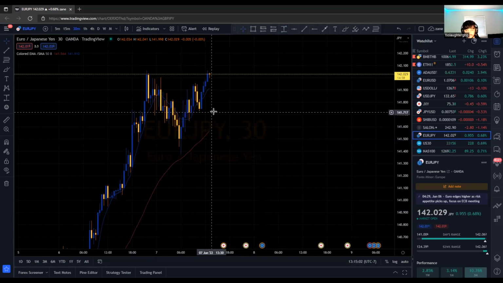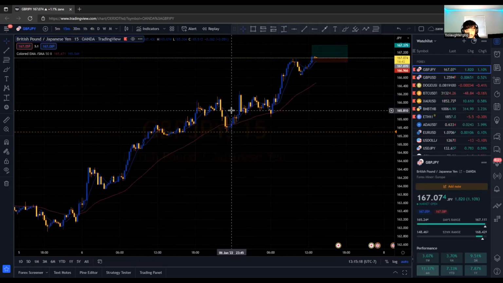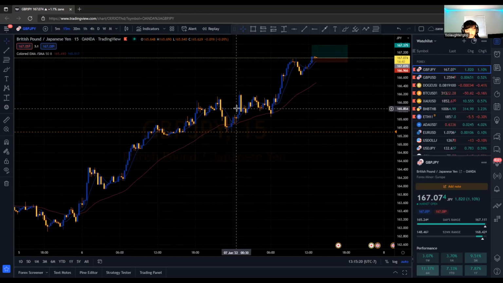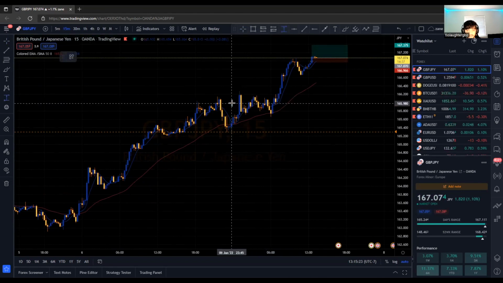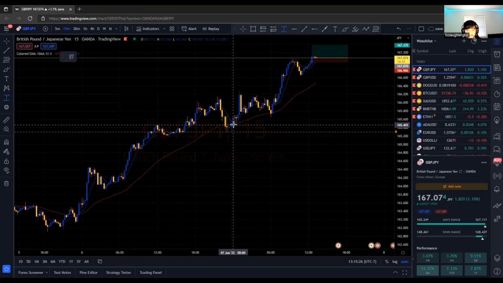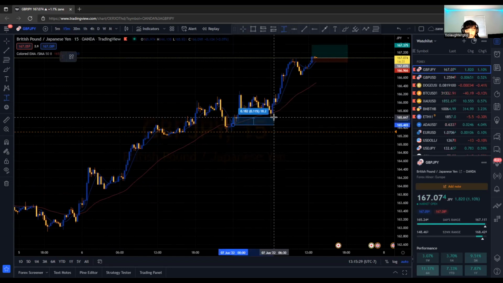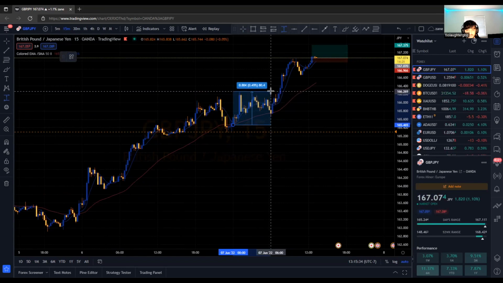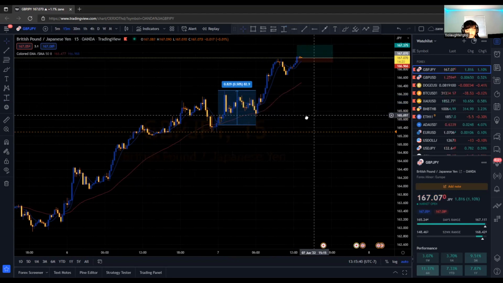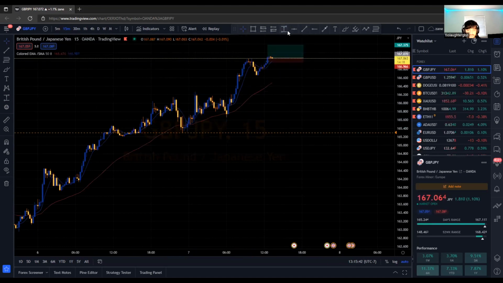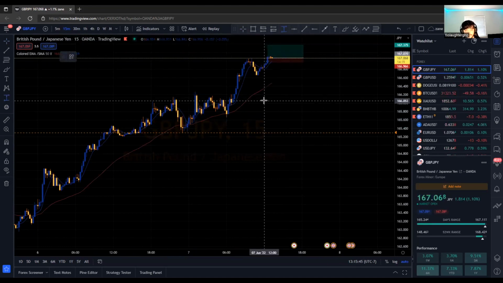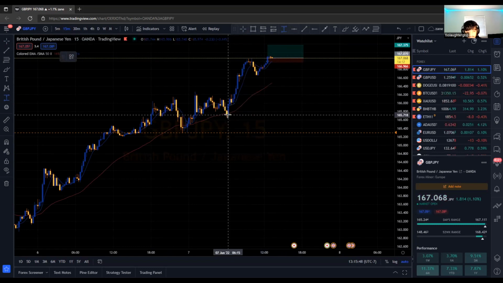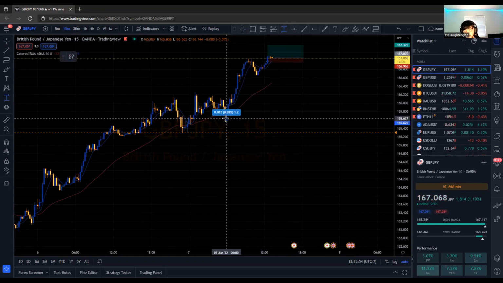It almost took 7 hours. But if we look at GJ, London Open was right here. From London Open all the way to 6, it moved up almost 82 pips. I'm comparing the times between GJ and EJ.